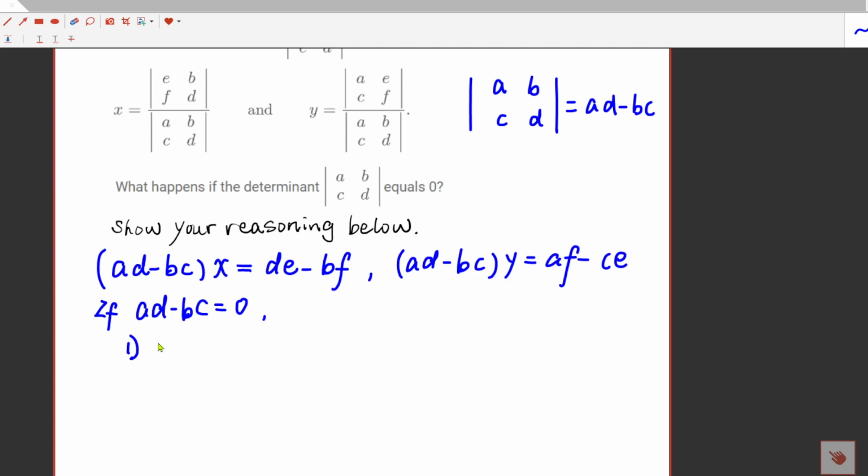So first one, if de minus bf equals af minus ce equals 0, then we have an infinite number of solutions, right?